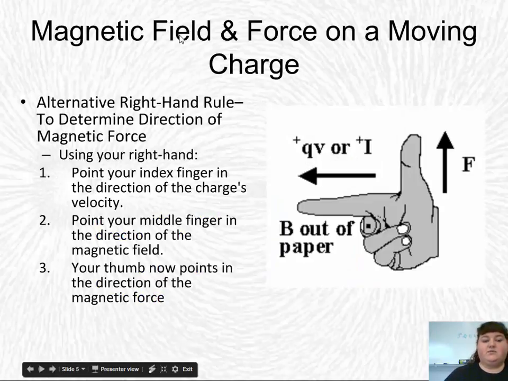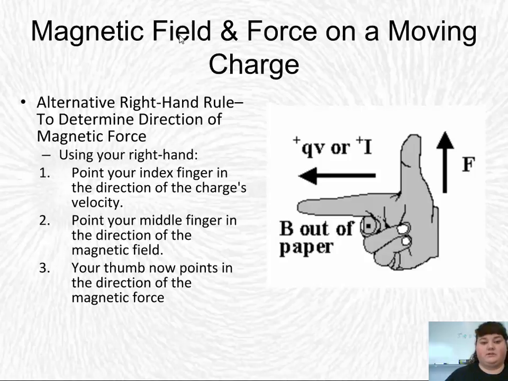So we have an alternative right-hand rule that we use to determine the direction of the force on that charged particle. So again, it looks like a gun, but you have your fingers pointing outwards. The thumb is going to represent the force acting on your charge.